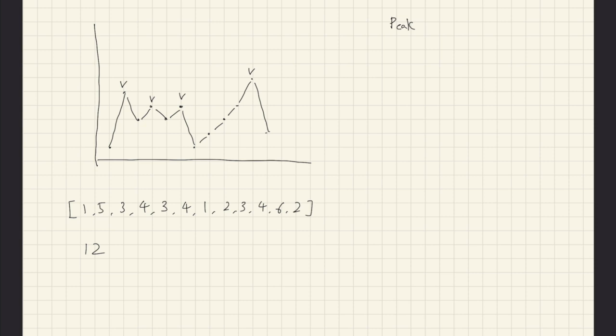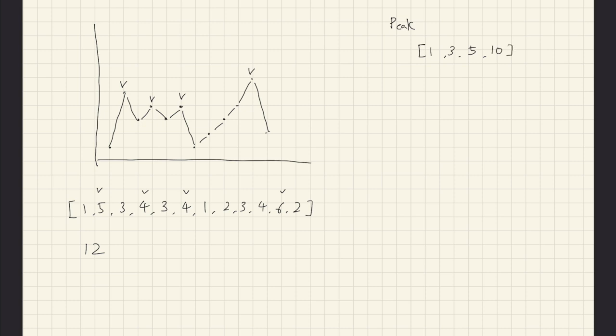These will be the peaks, and inside the input array, the values will be 4, 4, and 6. So the positions are 1, 3, and 5, and 10.